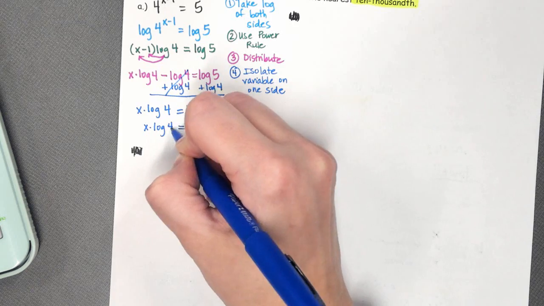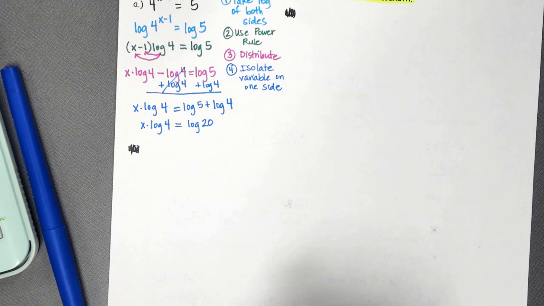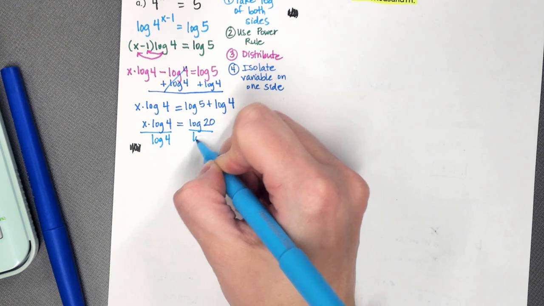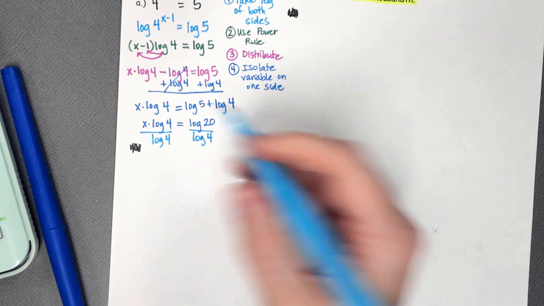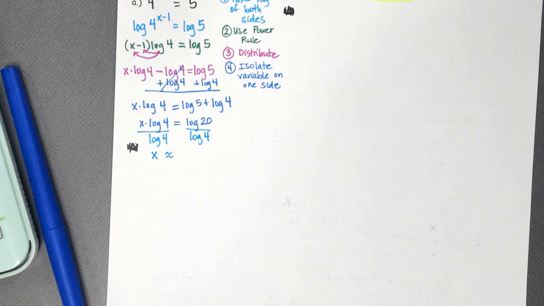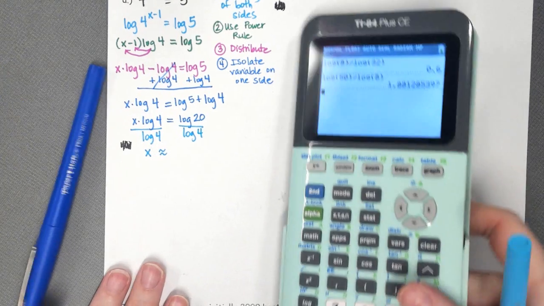And then you could just divide both sides. And I'm going to divide both sides by log of 4. Okay, so, and I'm going to show you that those are going to end up being the same thing.